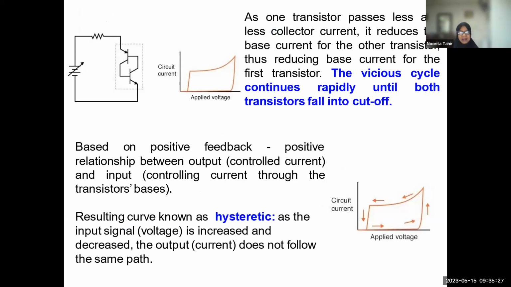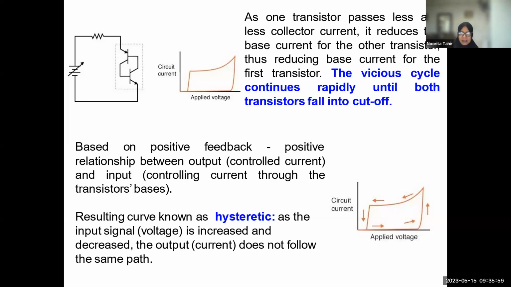So based on the positive feedback, the cause and effect cycle between both transistors is to decrease the current through one, which decreases the current through the other. Satu berkurang dan satu lagi akan berkurangan juga, ya, and further decreases the current through the first transistor, which indicates a positive relationship between output and inputs.